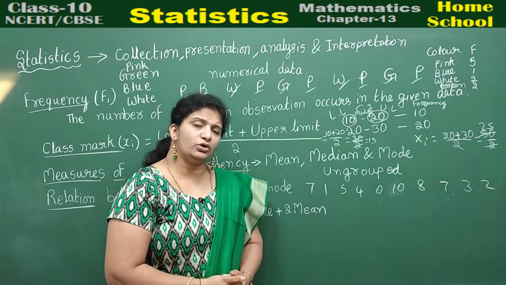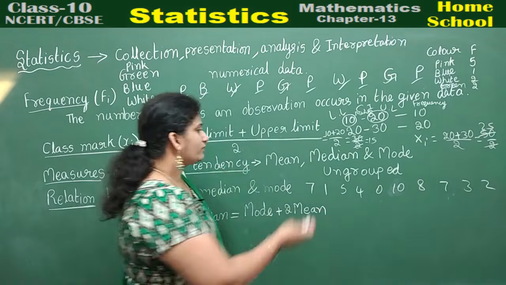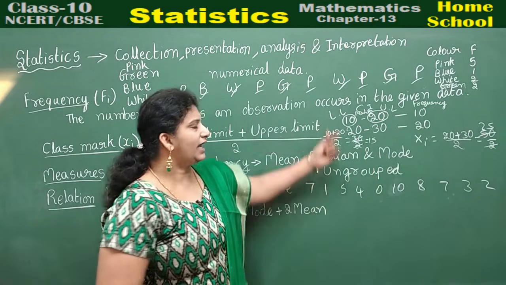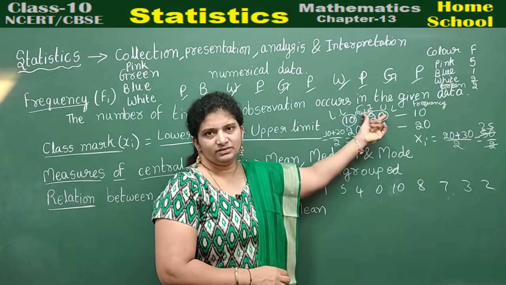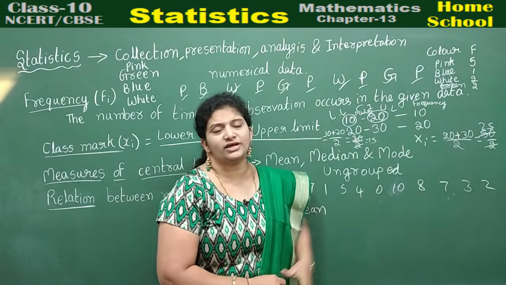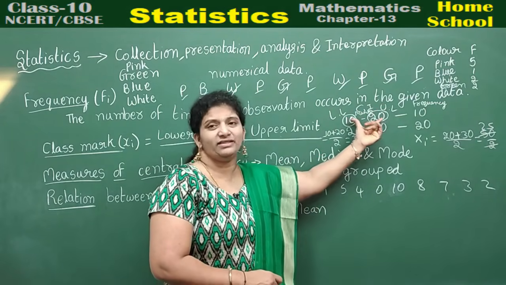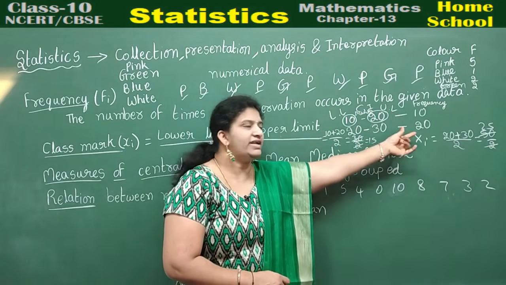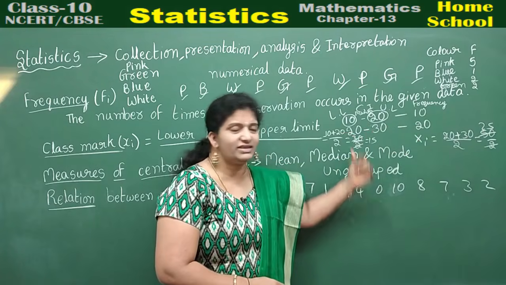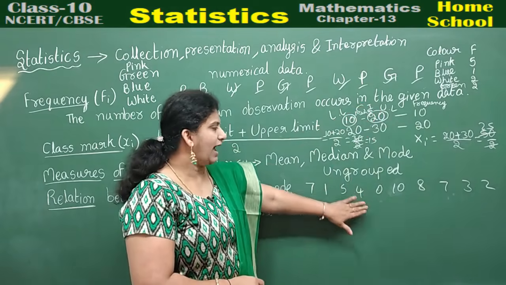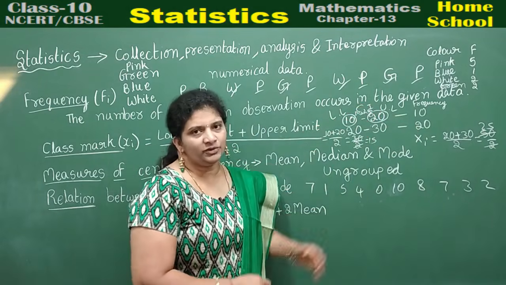Then what about grouped data? This is grouped data. 10 to 20 marks is the class interval, where 10 students scored. 10 students' marks are in between these two, and 20 students' marks are in between these two. This is grouped data and this is ungrouped data.